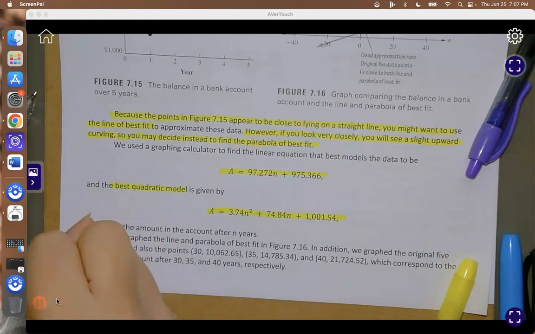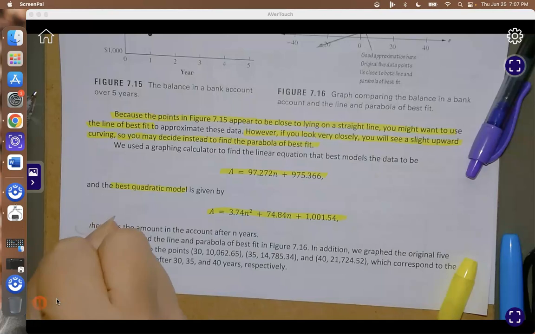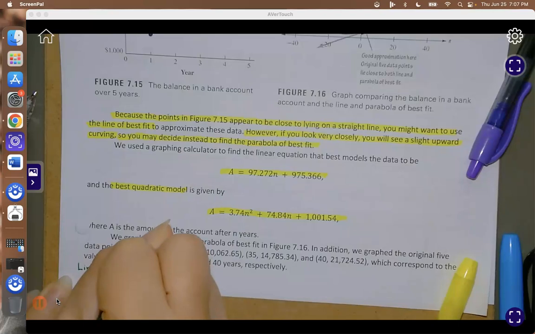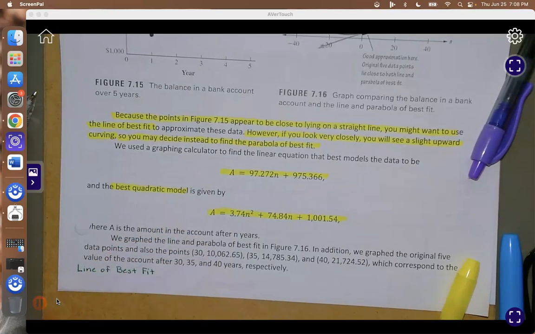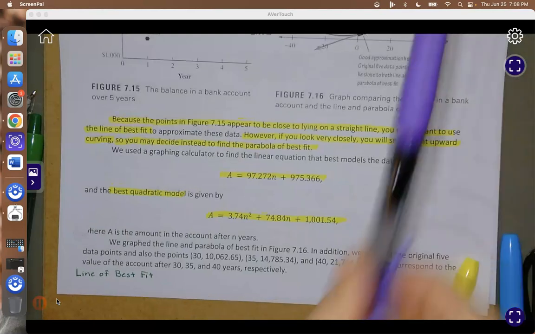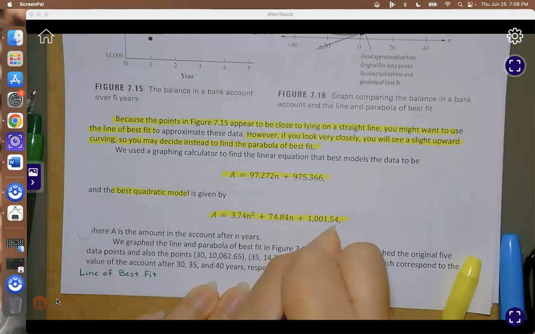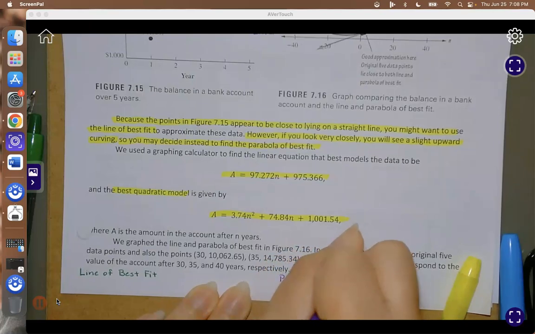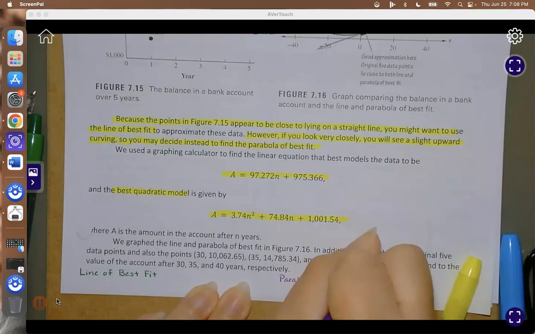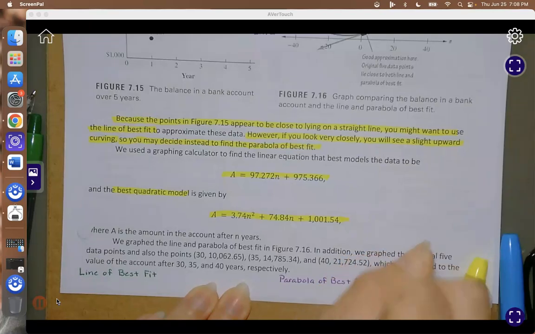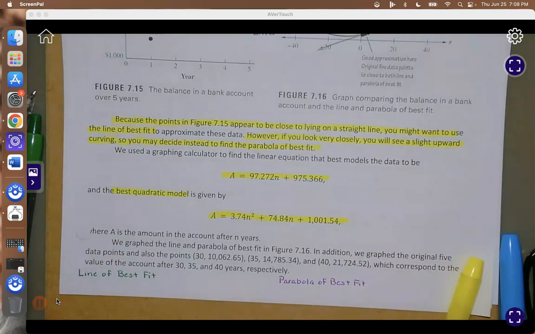Okay, so here we're going to do the line of best fit. So go ahead and type in the ordered pairs, and then take turns finding both equations. Okay? All right. Pause it and go ahead and do that.